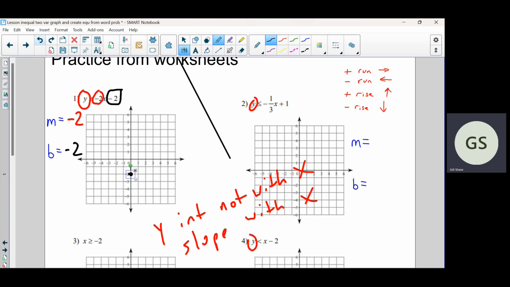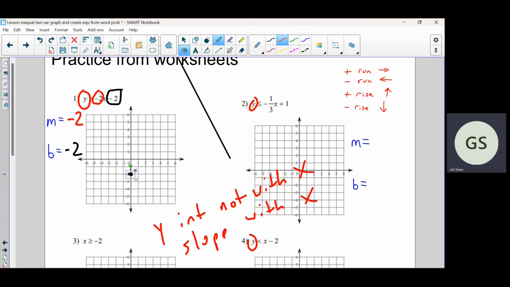So now, the black -2 is the y-intercept. We need a second point. We have got to figure out where the next point on the line is. We don't have any calculations in this process, unlike when we did the table of x and y values. I know that there's a slope in here.